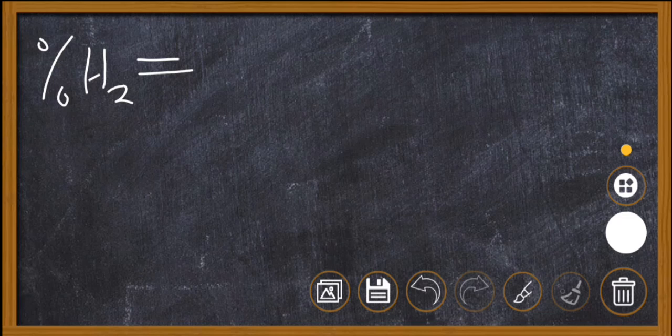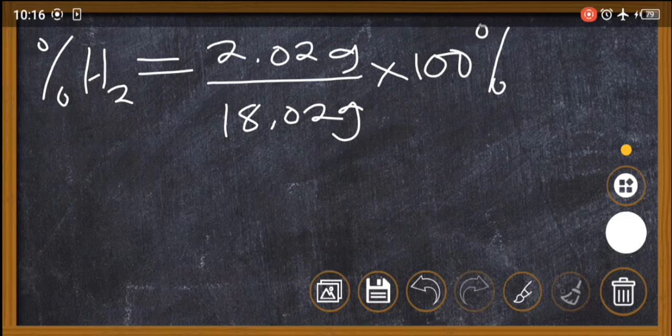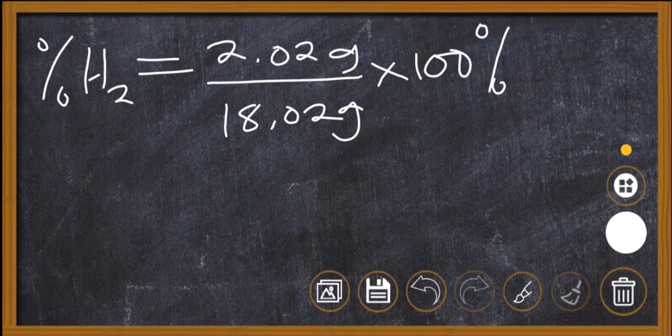So the mass of the element, remember, the mass of hydrogen we had calculated was what? 2.02, okay, over the mass of the compound, the total compound, which is 18.02. So now this has to be multiplied by 100%. So what are we going to have if we divide these two values? Of course we are going to have 11.2%.